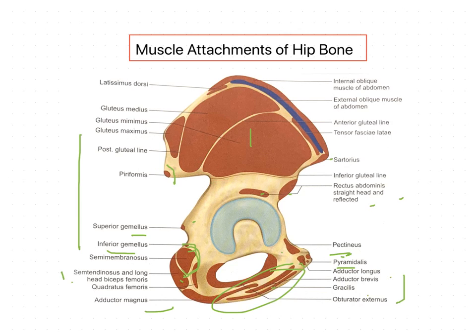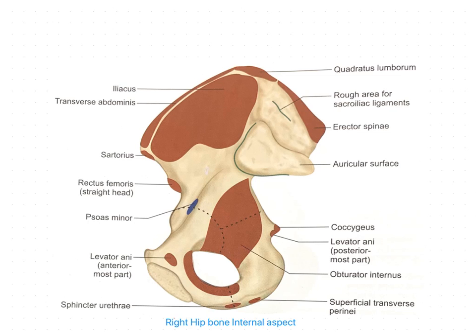Now we will move on to the internal aspect of the right hip bone. What are the muscles which are attached on this? If you see, this medial aspect forms the internal surface of the pelvis also.